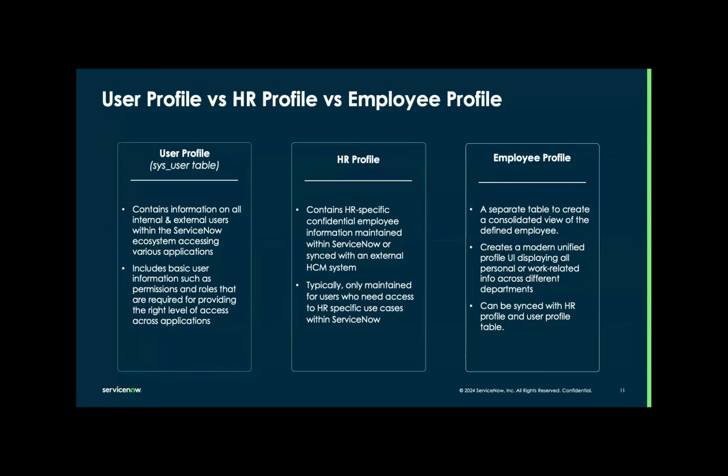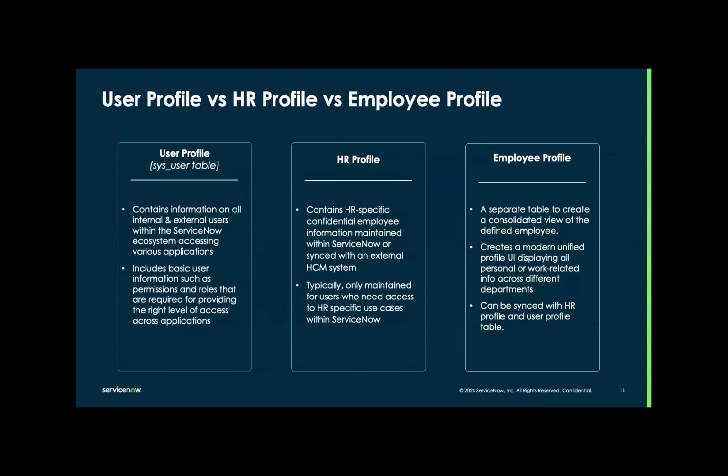Then the HR table contains confidential HR-specific information for the employees. This is typically only relevant for organizations who have HR Core installed and need to access HR-specific use cases within ServiceNow. The employee profile table, on the other hand, consolidates information from all these different sources to display all the personal information or work-related information across different departments.